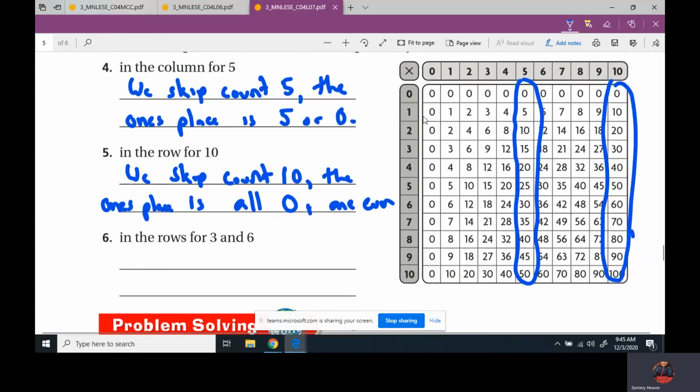Now look at the rows 3 and 6. We know we skip count by 3 and 6.